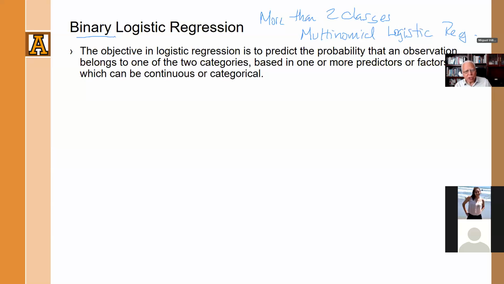So it's not restricted to 2 classes, but normally binary logistic regression is usually called just logistic regression, and if we are talking about more than 2 classes, we normally use the term multinomial logistic regression.